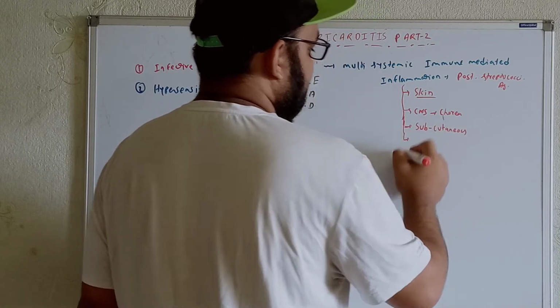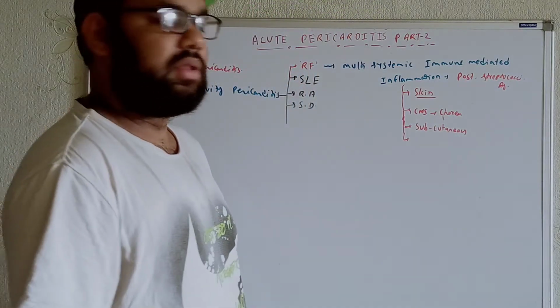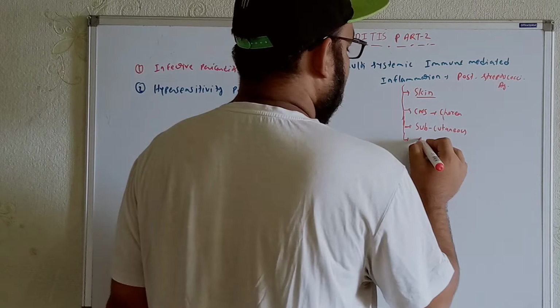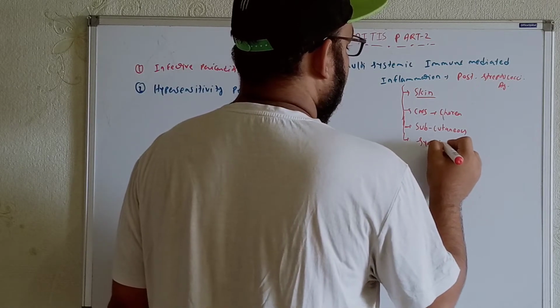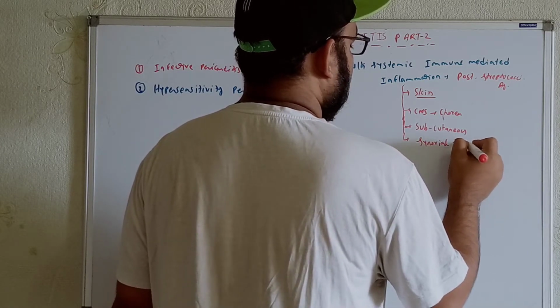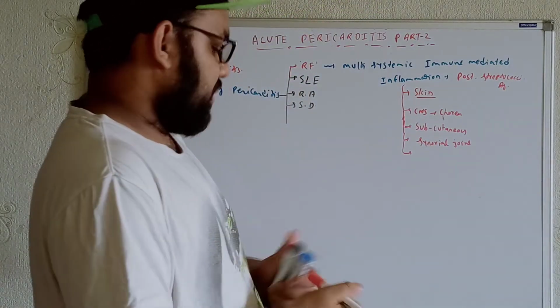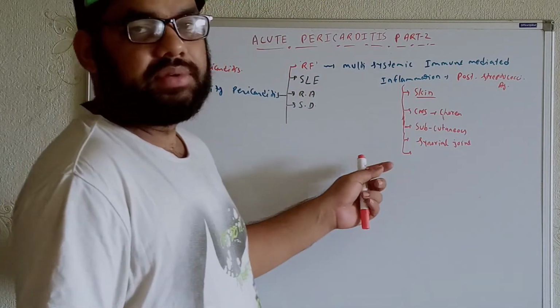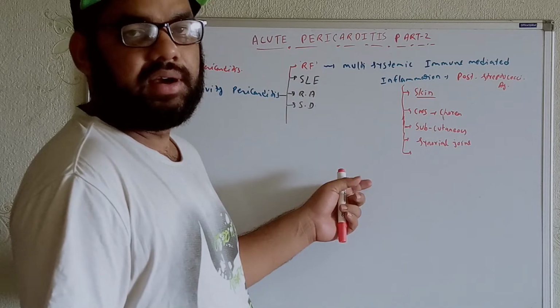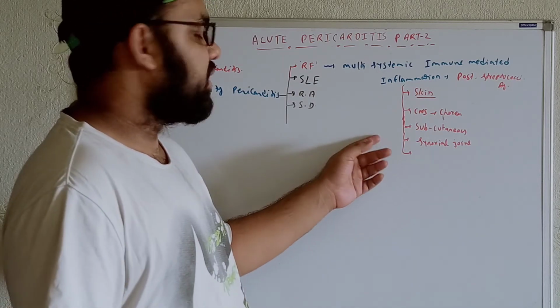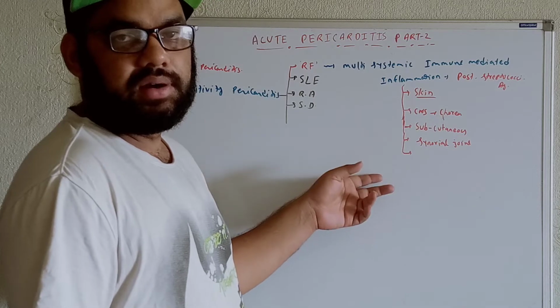We also see problems within the synovial joints, where we get arthritis. And we also get inflammation within the pericardium. Whenever we see inflammation within the pericardium, that causes pericarditis.